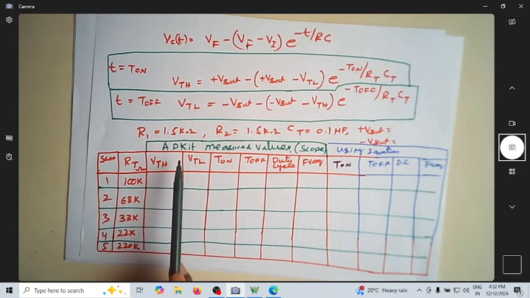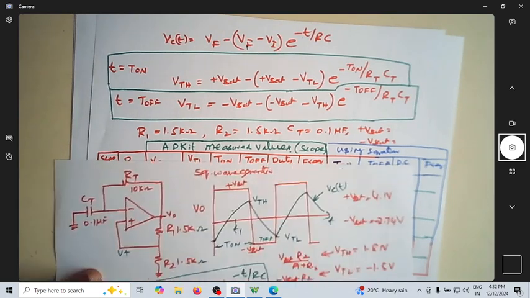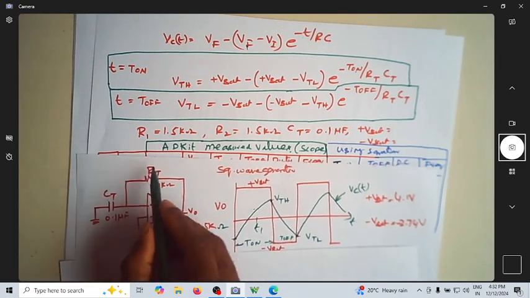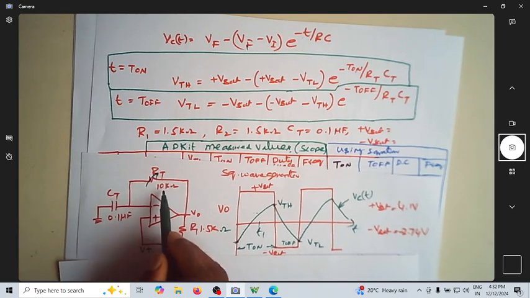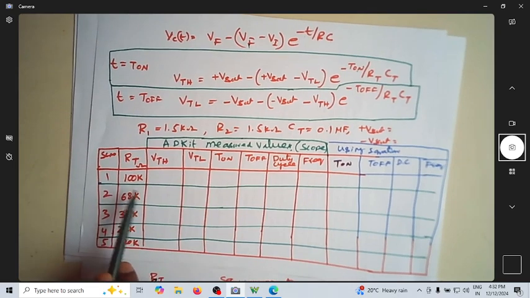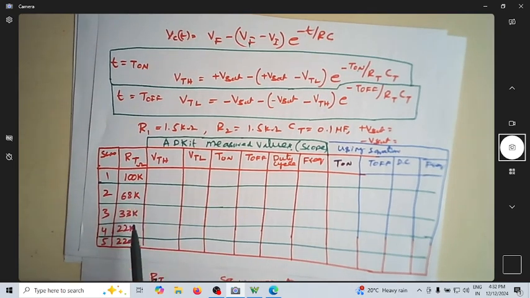I want you to fill these tables. I'll be conducting the experiment using Analog Discovery, with a DRB for the implementation. Keep changing the value of RT to 100K, 68K, 33K, 22K, and 220 kilo ohms.